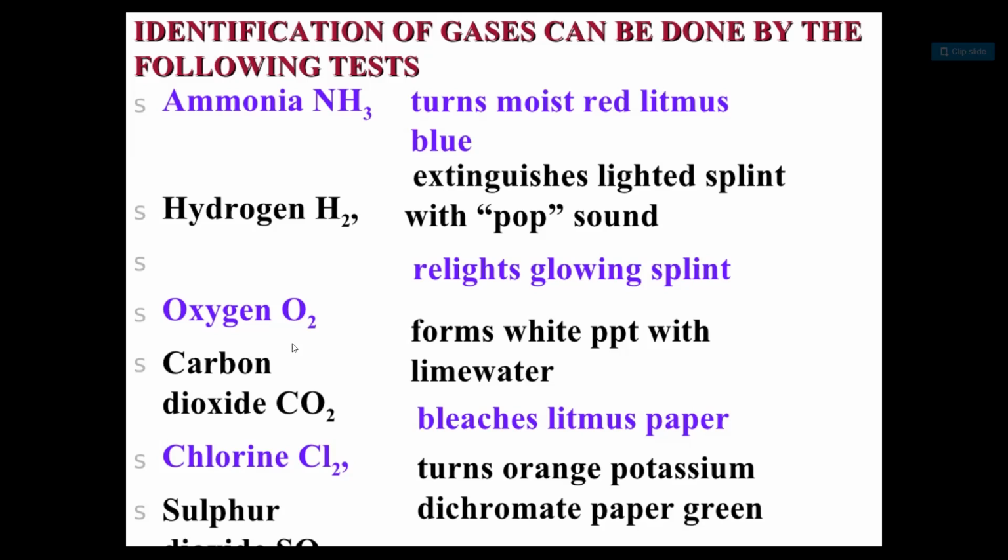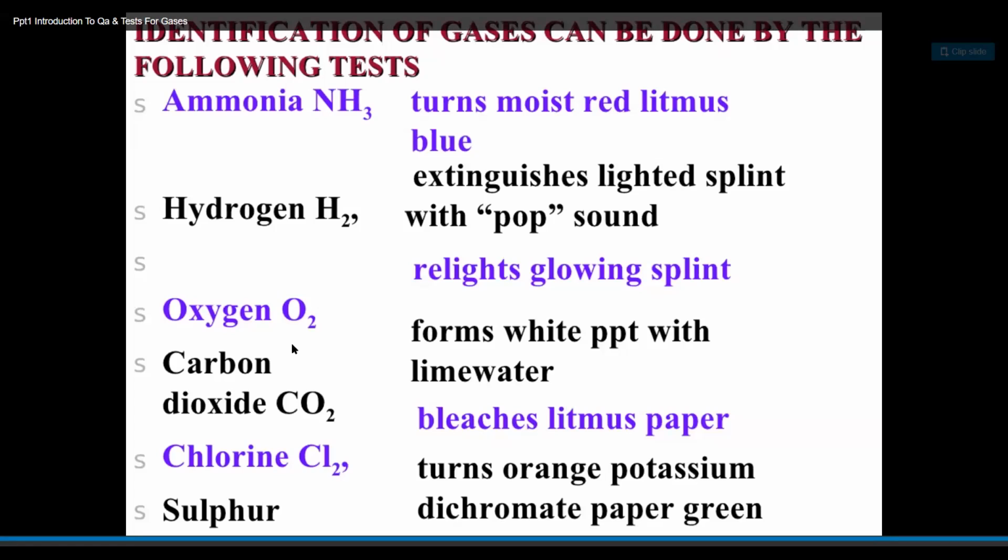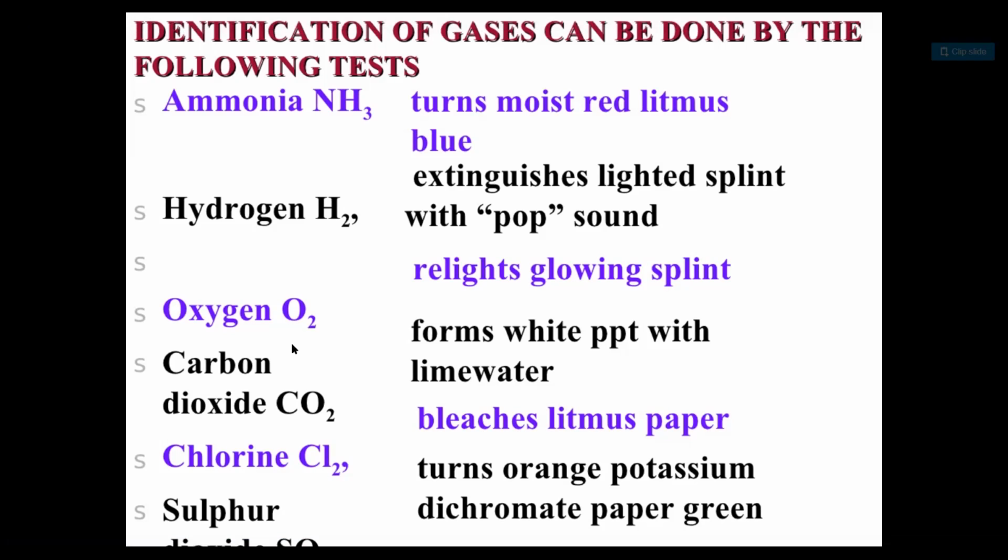Ammonia turns moist red litmus blue. In the previous lecture, when we discussed acids and bases, we studied that acids turn blue litmus paper red, and bases turn red litmus paper blue.